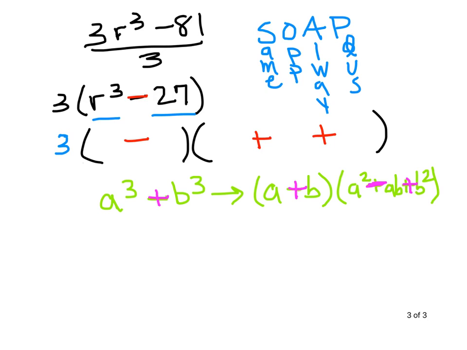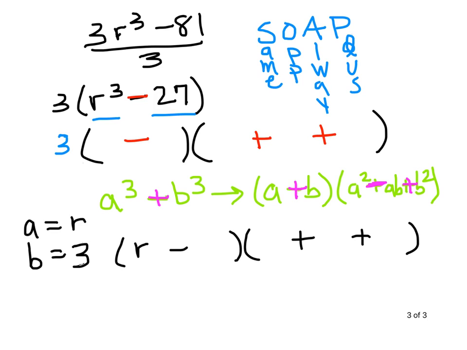So let's go back to our problem. Our a term is going to be the cube root of r cubed, so just r, and our b term is going to be the cube root of 27, which is 3. All right, so we're going to do just like we have up top.